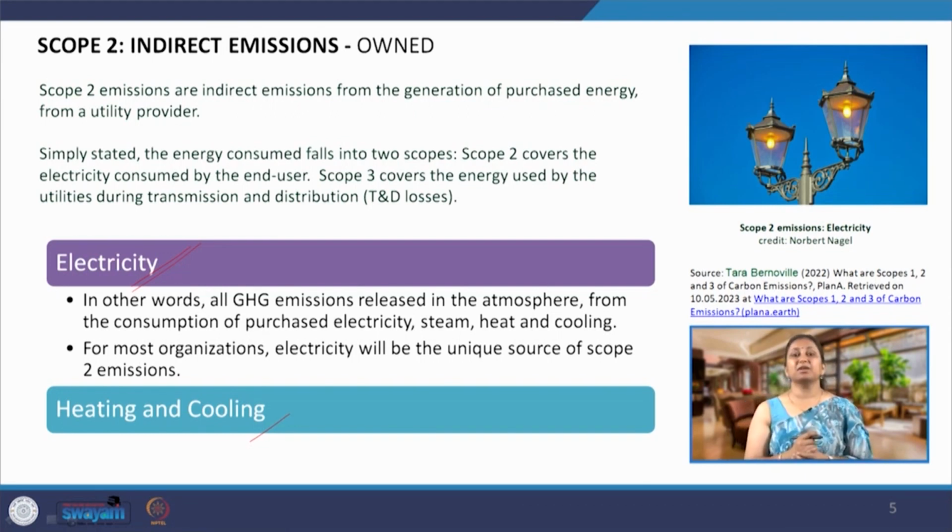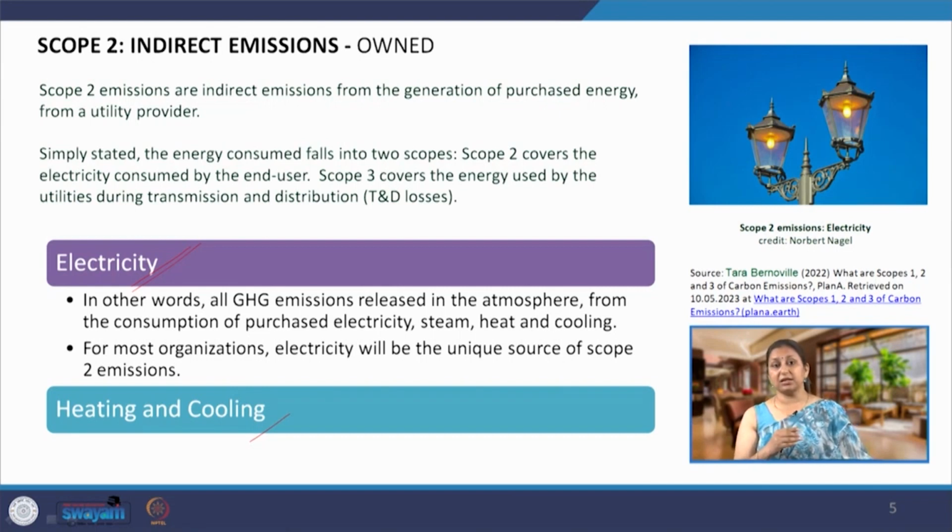I might have, for example, a garment factory. Now, in my garment factory, all the machines are running on electricity, all the stitching, all the weaving, everything is happening on machines which are running on electricity. Now, there might not be direct emissions resulting from the manufacturing process of this garment, but this electricity is actually being produced somewhere.